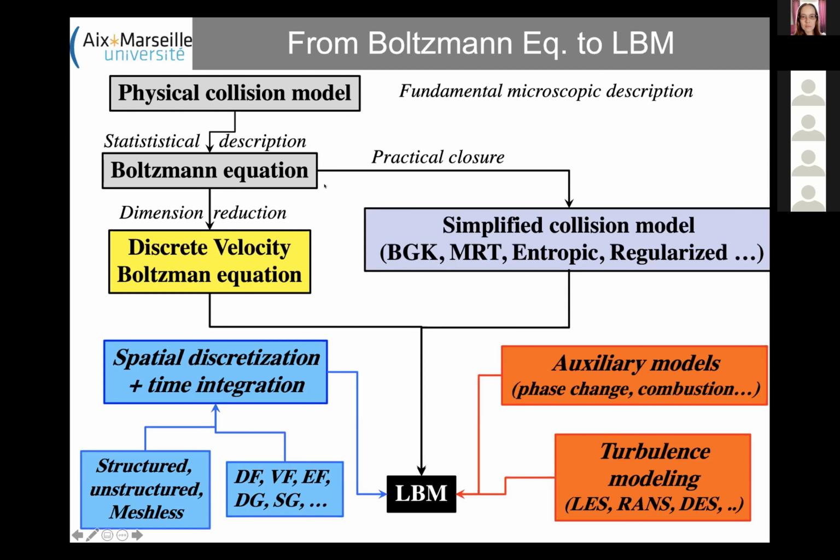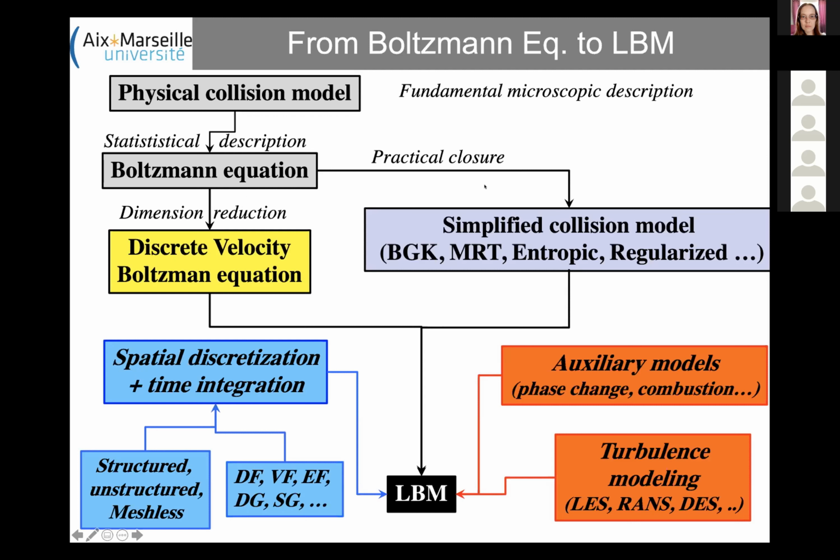And after that, of course, you have to work to derive an efficient computational model. And you have two things to do. First, as I told you, you have to reduce the dimension of the problem by defining a set of discrete velocities instead of discretizing the full velocity space.